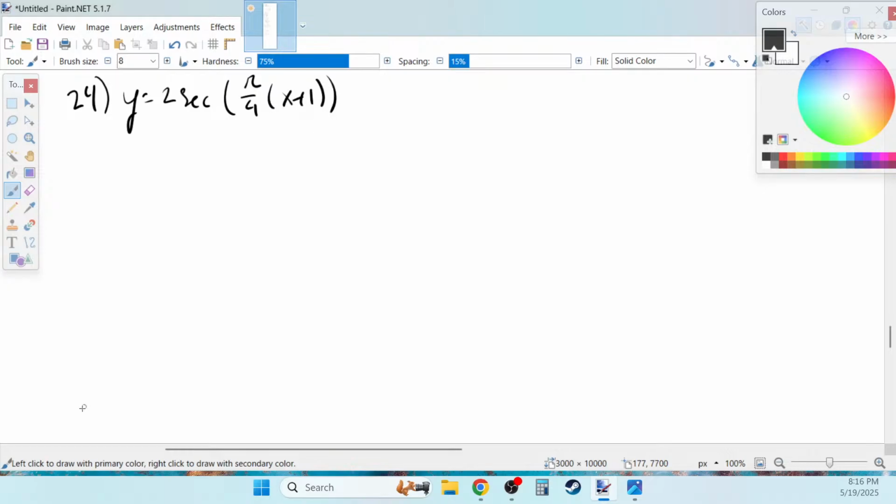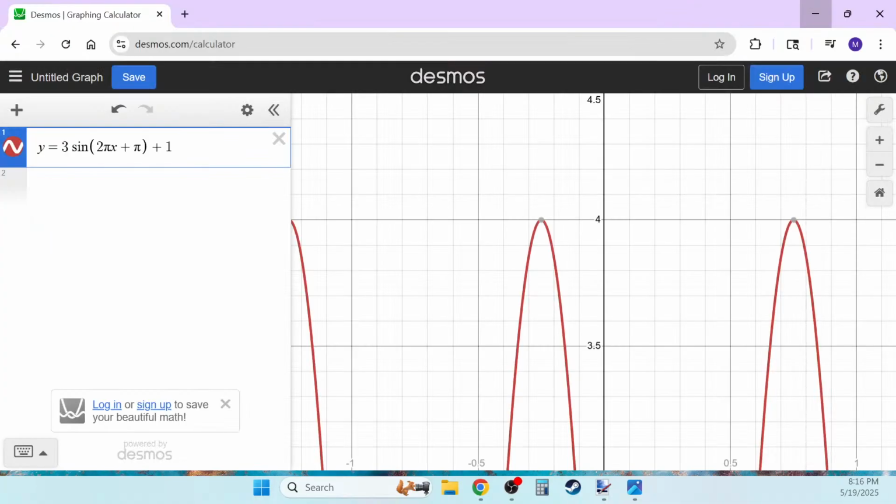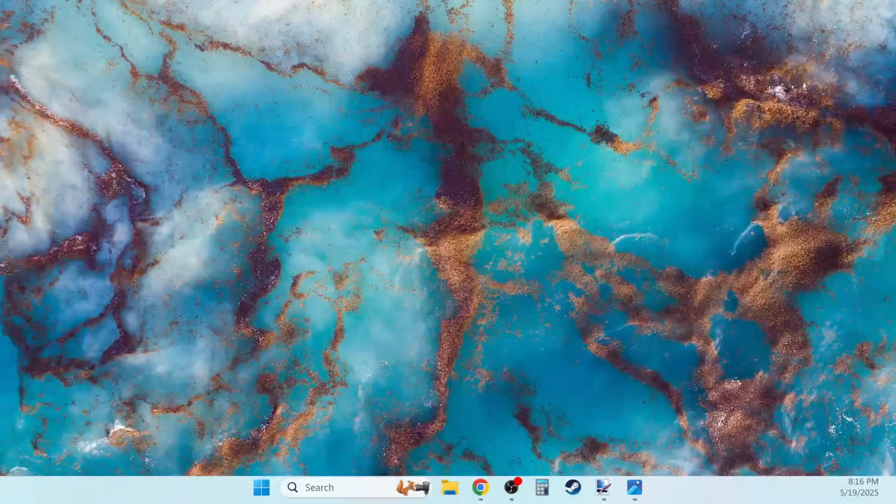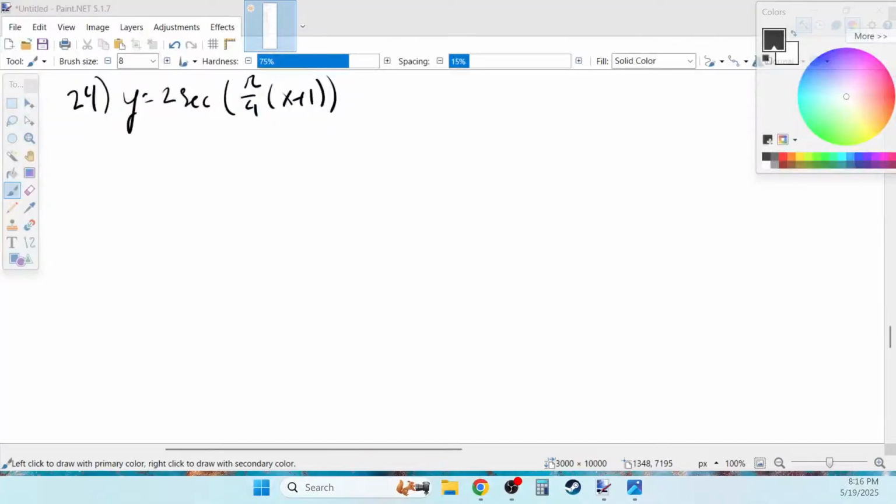I'm assuming this is graphing this. Let's see. So it's section 2.2, number 24. Open up the textbook. Let's see. Copy of the textbook.